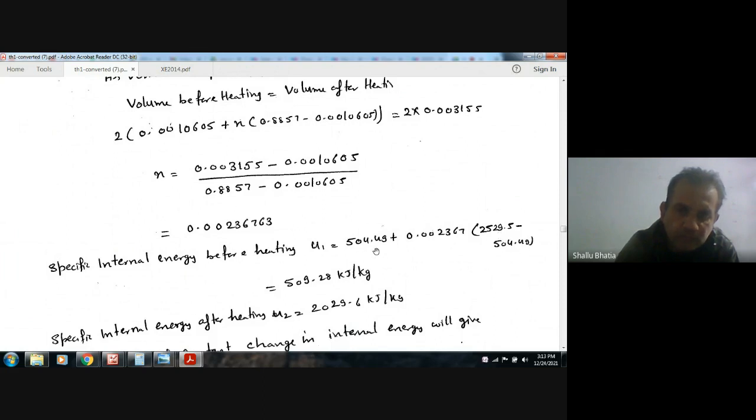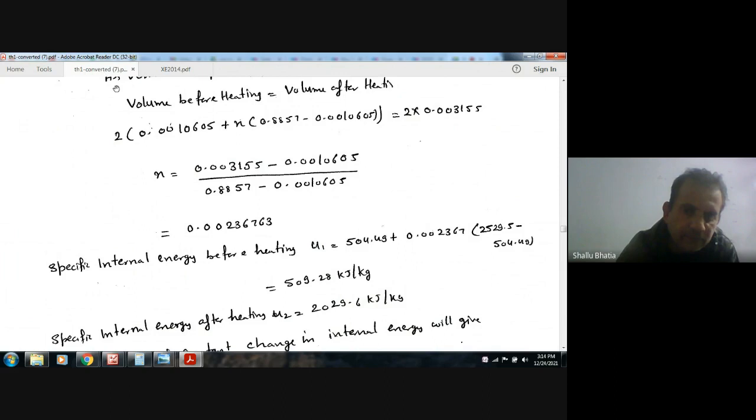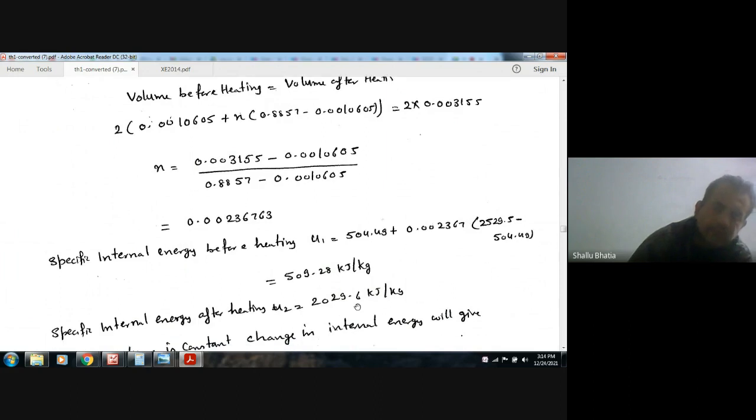So this is 504.9 plus 0.002367 times (Ug minus Uf), which we can get from the table. That is Ug, that is Uf. And the final internal energy is the internal energy at critical volume, at critical pressure. So this is the final internal energy per kg.